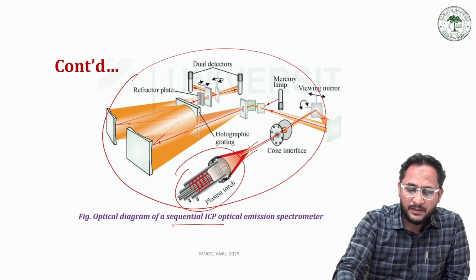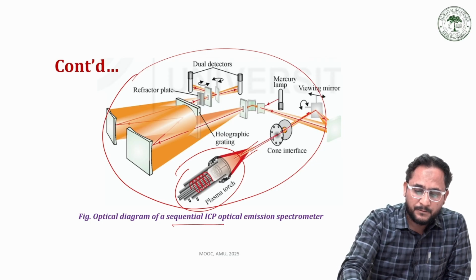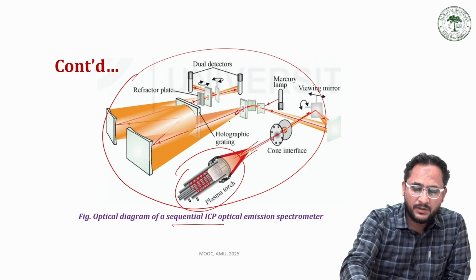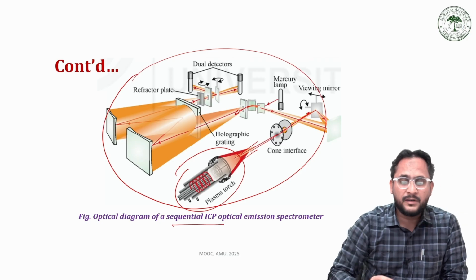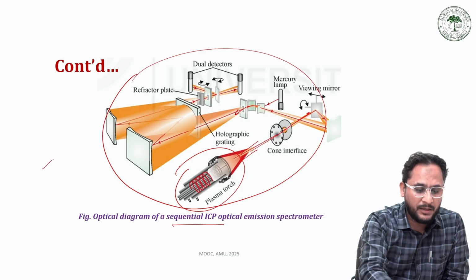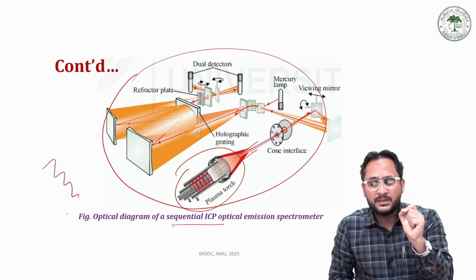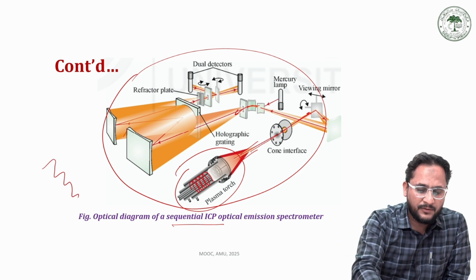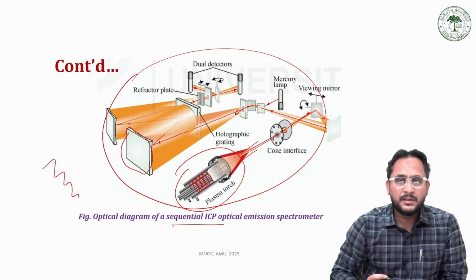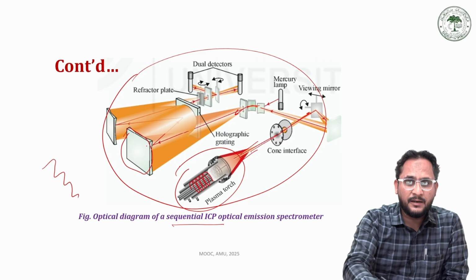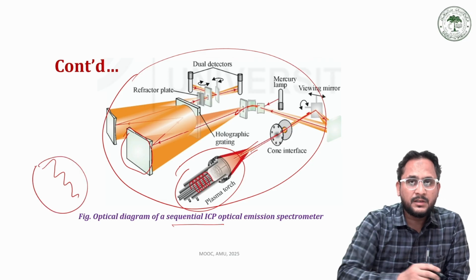They pass through a prism, and then again we use mirrors to direct it towards these gratings. These are holographic gratings. We have a normal grating like this. In holographic grating we have some thickness as well. We have this type of plates which have some thickness, and then on these plates we have these grooves created.